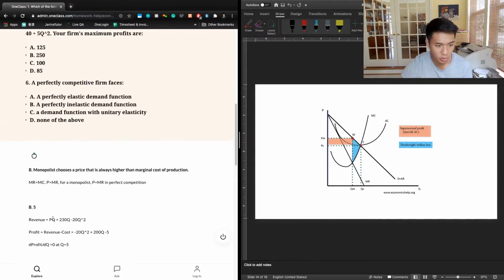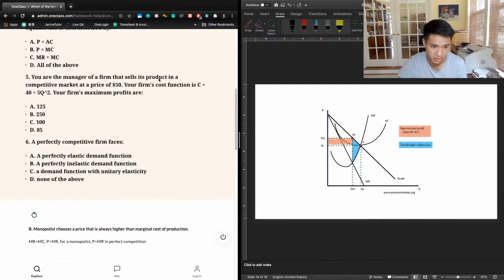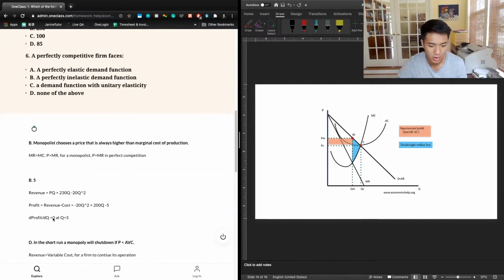Yeah, okay, so total revenue is given by 230Q minus 20Q squared, and profit is maximized when revenue minus cost is greatest, and cost is given by the cost curve, 50 plus 30Q. We subtract that from the total revenue curve, and you get negative 20Q squared plus 200Q minus 50.